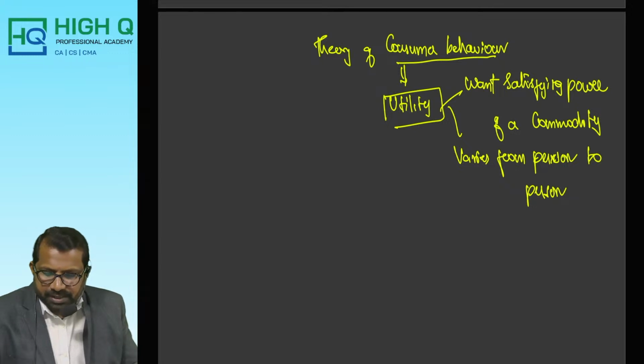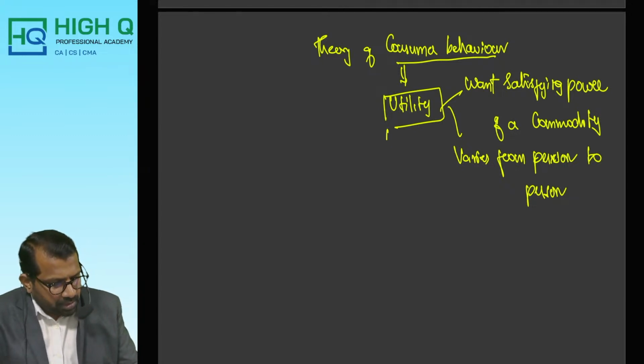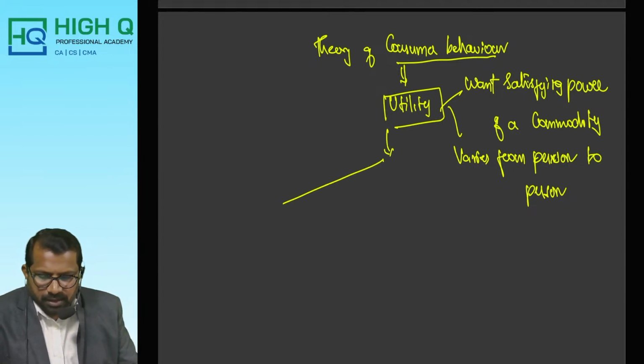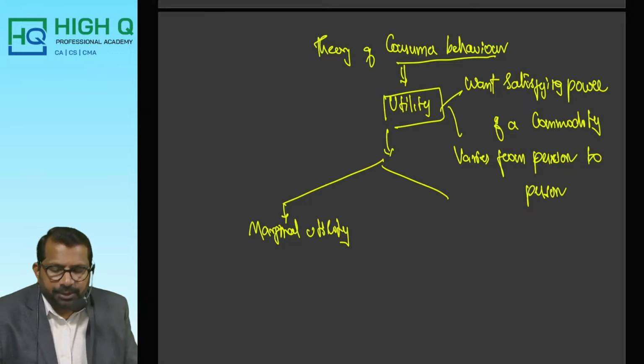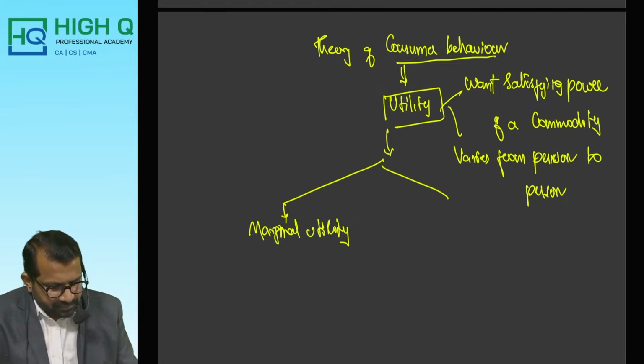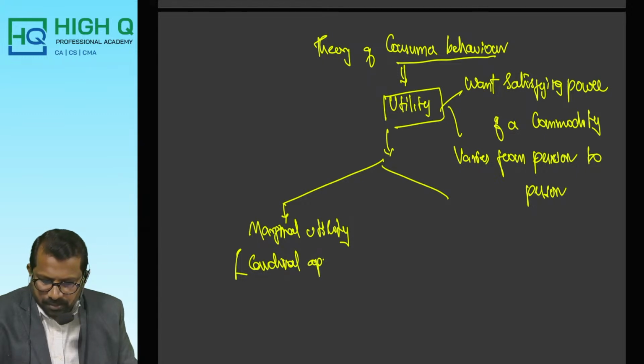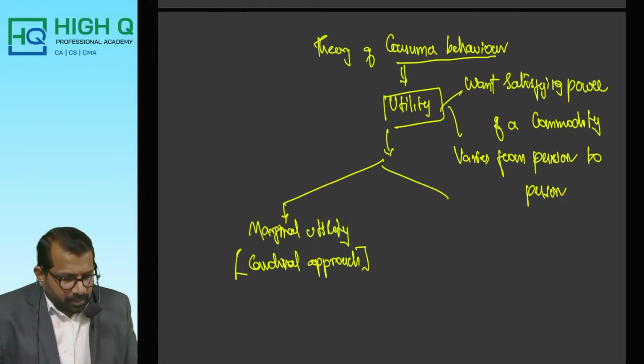So to analyze this, there are two important points. One is marginal utility, which comes under the cardinal approach.